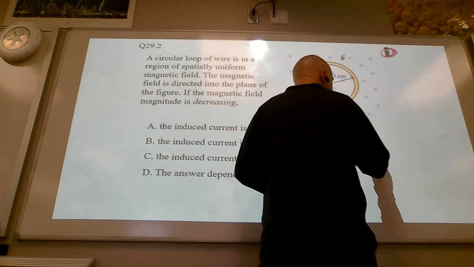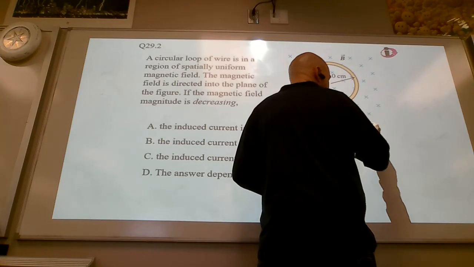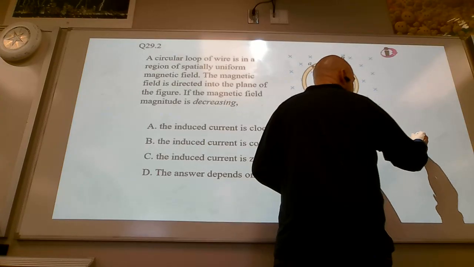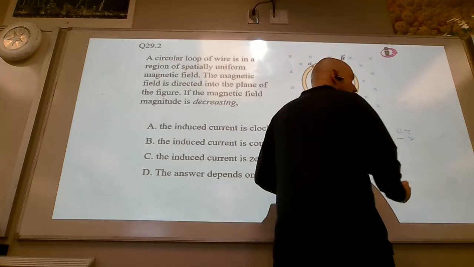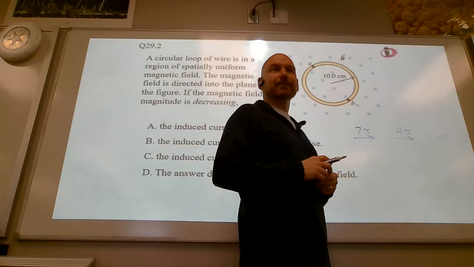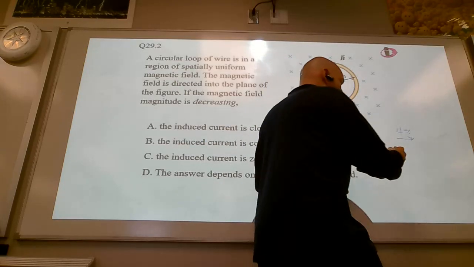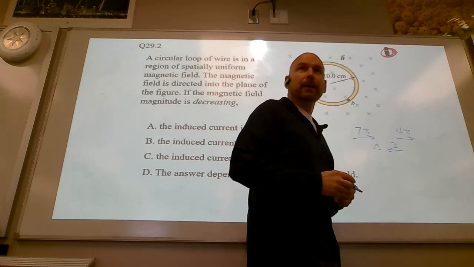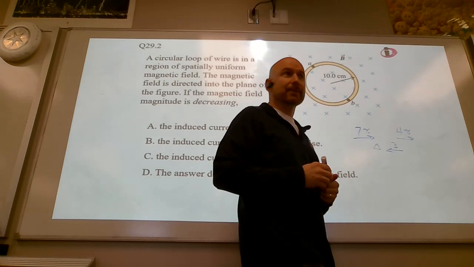If you've got 7 meters a second going this way, and then sometime later you have 4 meters a second going this way, what is the change in velocity? 3 meters a second going that way. Right? Does that make sense?